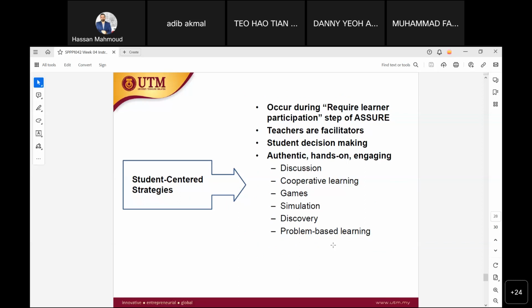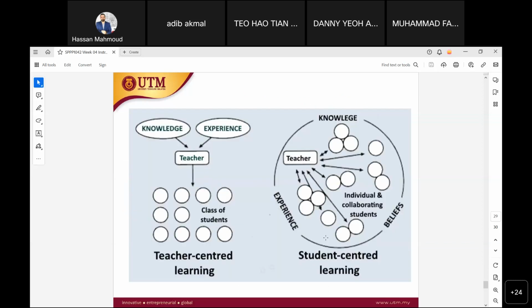One more time, it's very important to be able to differentiate between these two categories. Now, in teacher-centered, as you can see from this figure, the teacher is the only one who has the knowledge and experience, and he or she is trying his or her best to transfer this knowledge to the students.